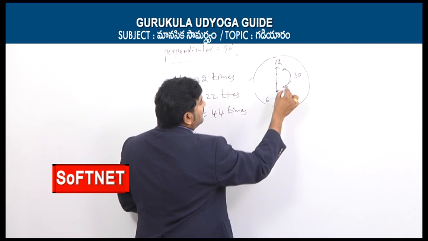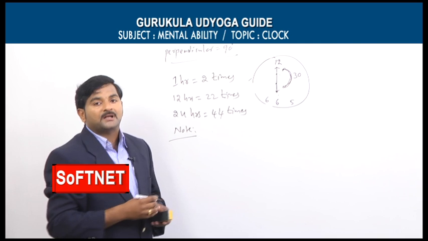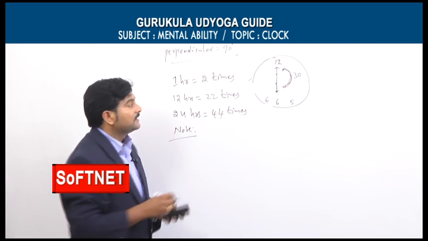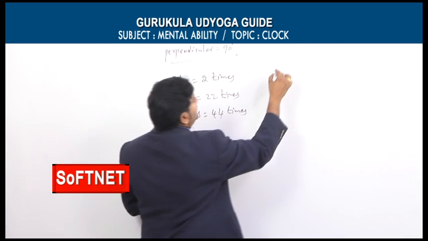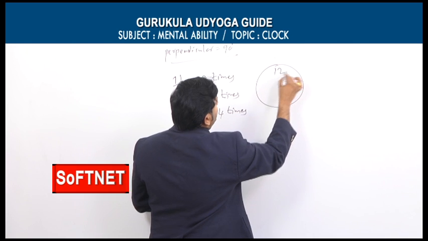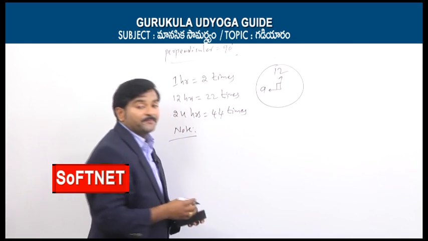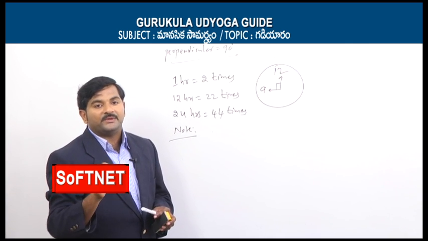From 12 o'clock to 6 o'clock, how many minutes do we have? 30 minutes. Similarly, when 2 hands are perpendicular to each other, the 2 hands are 15 minute spaces apart. And when 2 hands coincide, they are 0 minutes apart.